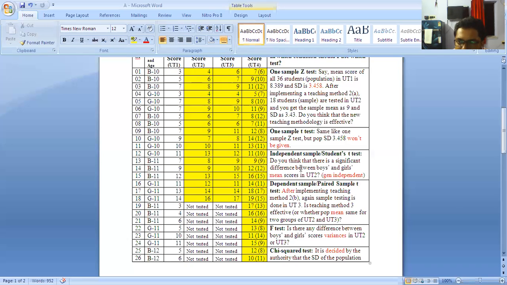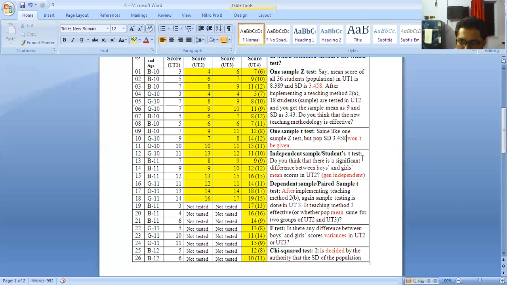Here the gender is independent. The gender boy does not depend upon the girl, or the gender girl doesn't depend upon boy. So in this case you are implementing the independent sample student's T test.